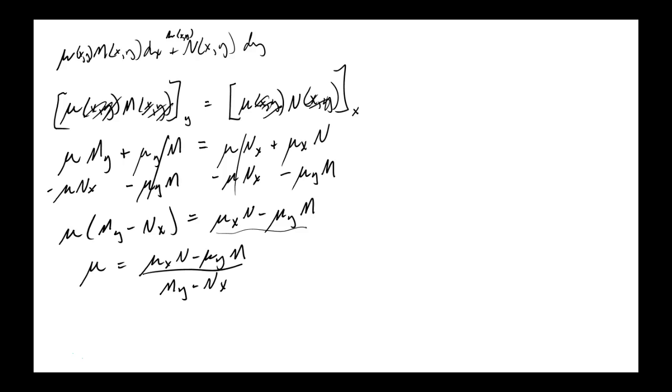All right. Now that would be okay, except we don't know what mu sub x and mu sub y is. We know what n is and m, and we can calculate these two. Those are fine. But we don't know what these two are. So it doesn't seem like we've made a lot of progress, does it?